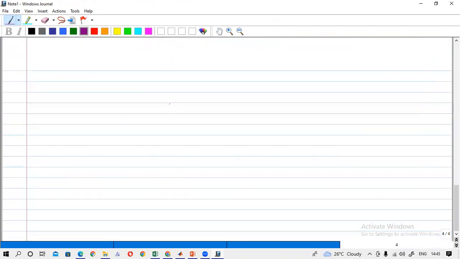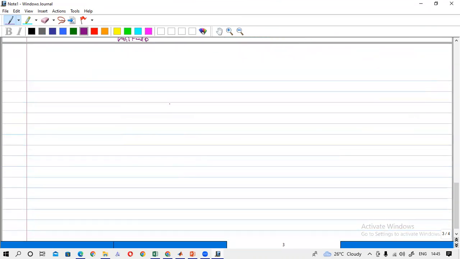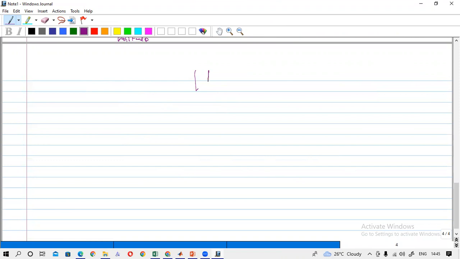So, I will again draw a capacitor in this direction, and I have connected a battery between these two plates. Let's say this is the plus and this is the minus. At the beginning, a current will flow through this in this direction.